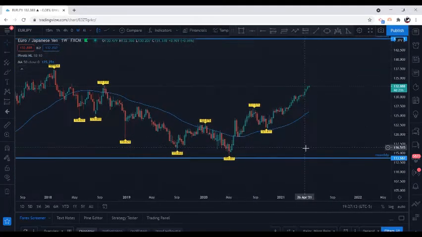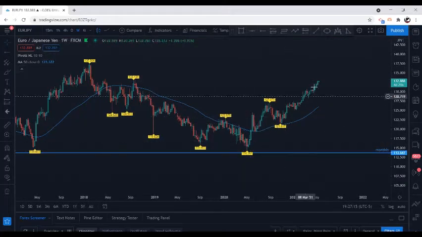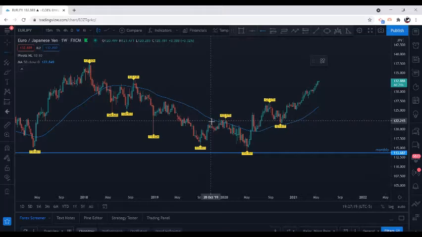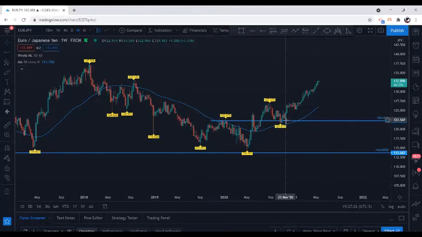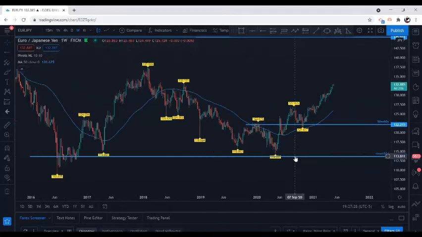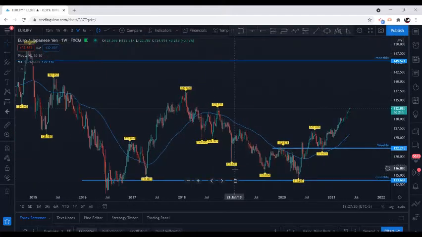Down on the weekly now, we can see that price has been trending upwards for a few weeks. We broke above this high right here, retested this weekly level of support, and price rallied upwards.